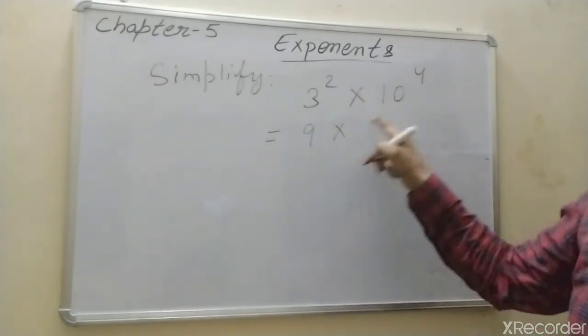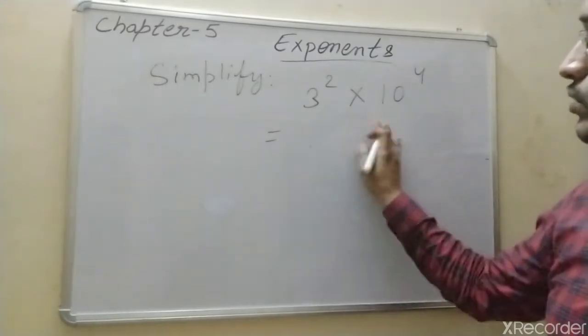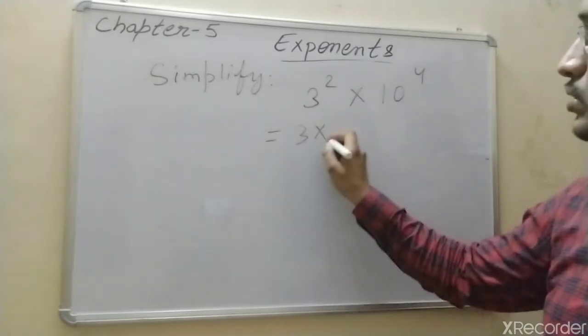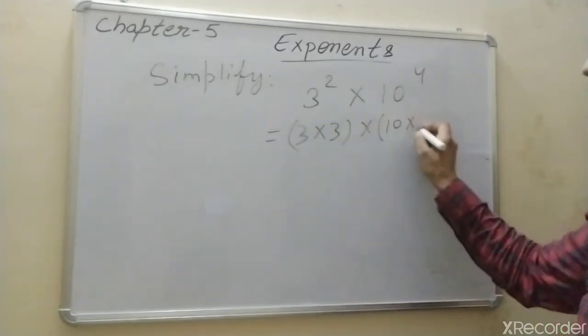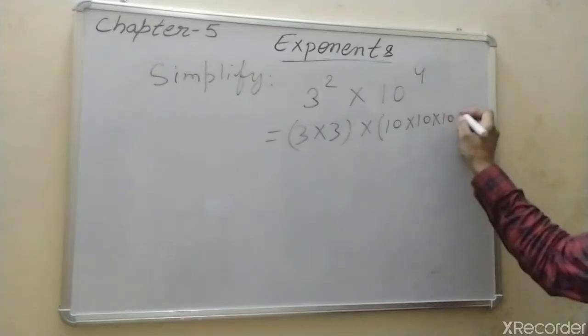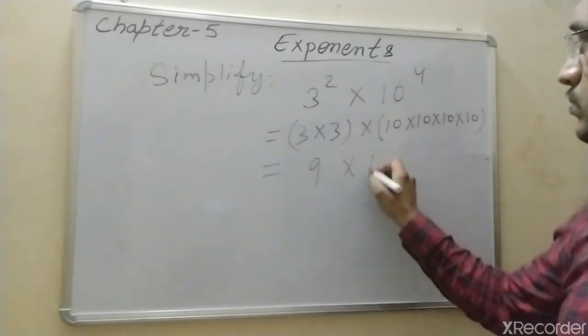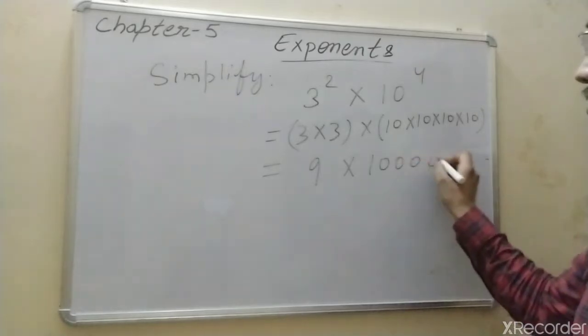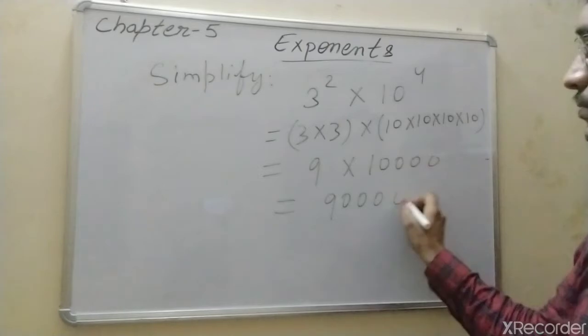Find the value of this, and this 10 to the power 4 you can multiply with 10 times here. You write first 3 into 3 bracket 10 into 10 into 10 into 10. Here 9 into 10,000. That means 90,000 result.